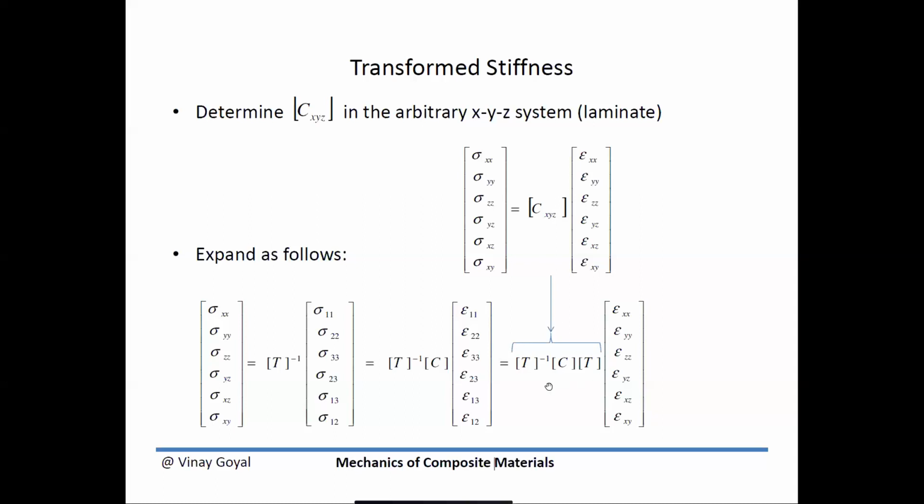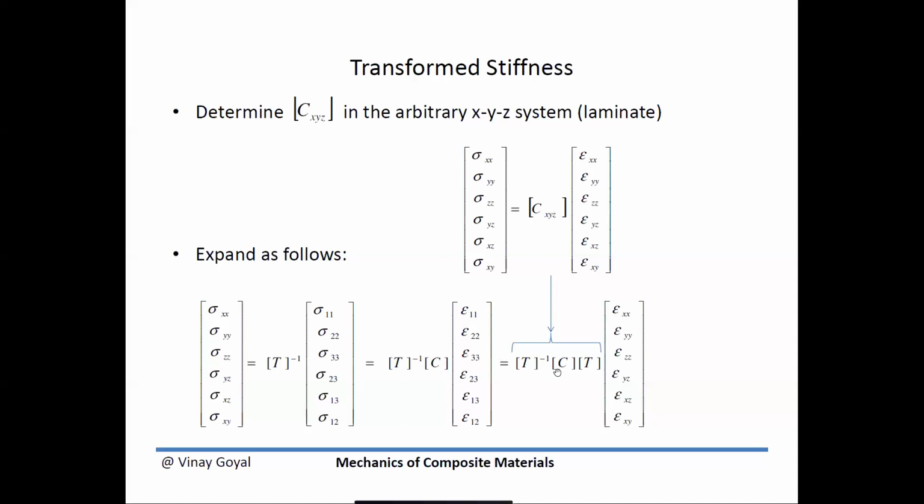So all I have to do is this huge multiplication. These are 6 by 6, these are 6 by 6, and these are 6 by 6. And I can calculate this term to find what C_XYZ is for a laminate coordinate system.